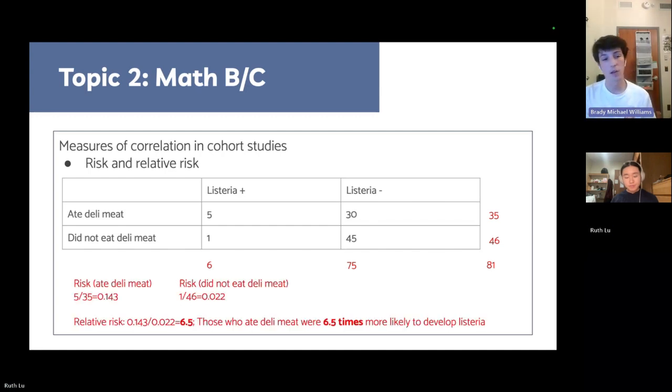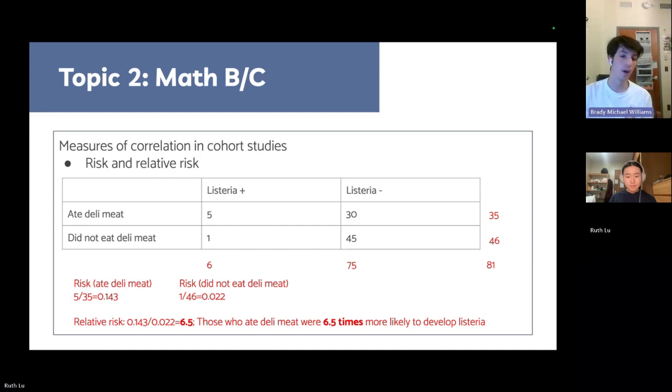So now when we're calculating risk and relative risk, these are pretty related. Risk, I find it easiest to think of as a probability: if we take any of the people who ate deli meat or had the exposure in this study, what is the chance that they would have listeria? So what proportion of the exposed people came down with the disease?